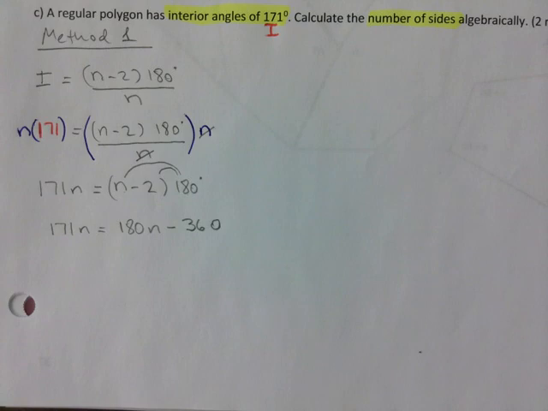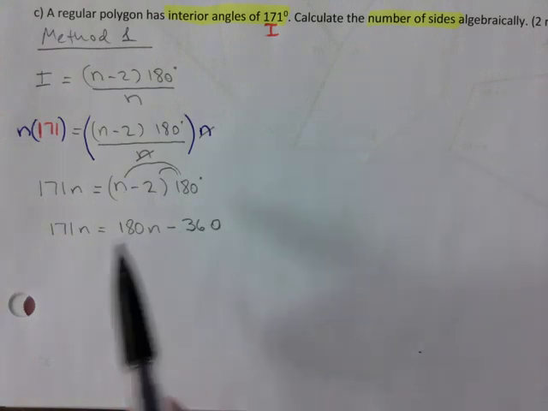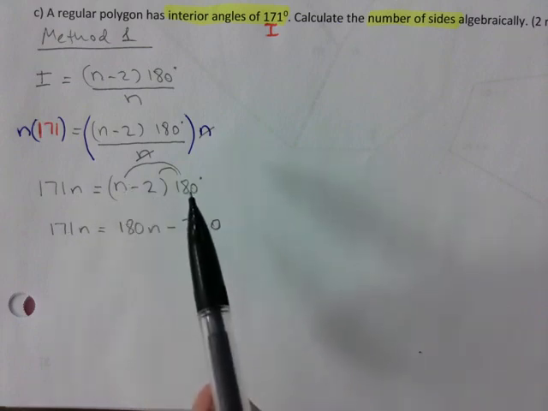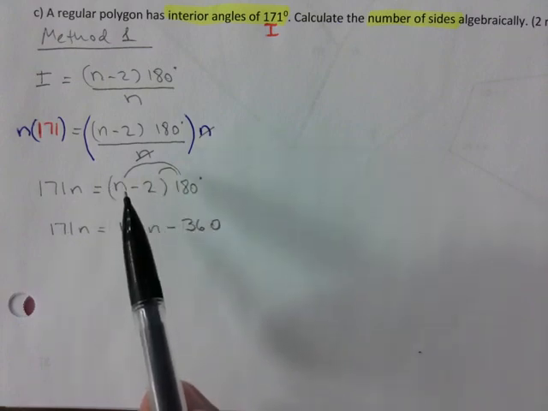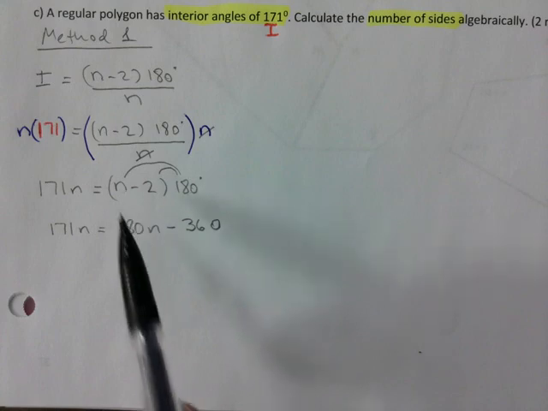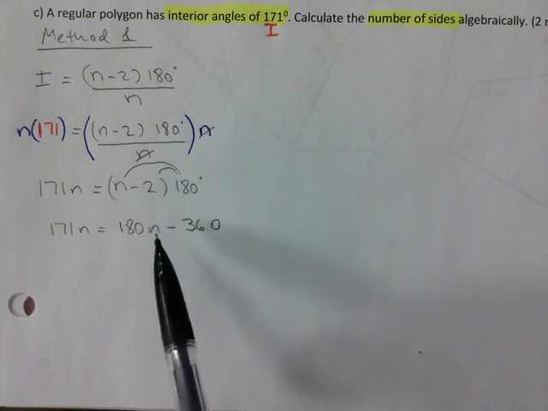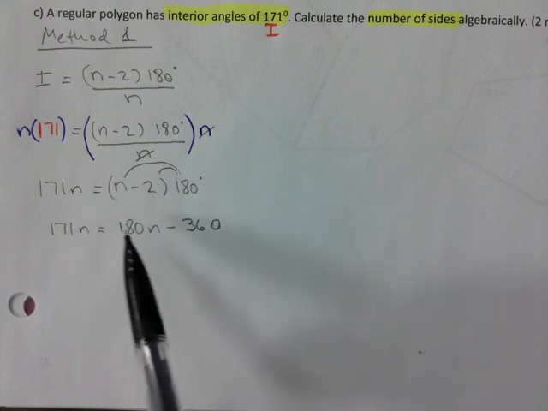There. And you can now collect like terms. That's basically the reason why I distribute here, because I know I'm going to get a number tacked on with n.